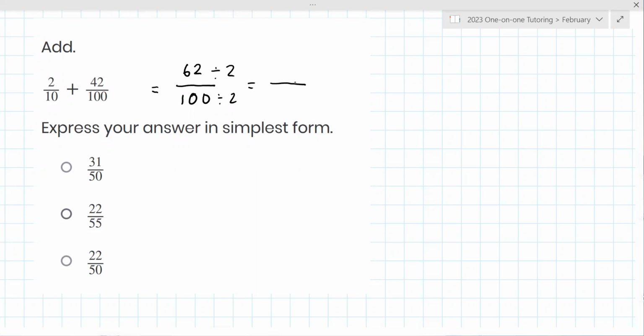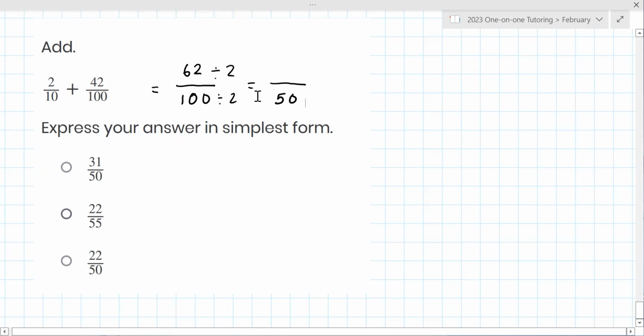So you can. Yeah. All right. Now, 100 divided by 2 is 50. Okay. What is 62 divided by 2? Can you figure that out for us?